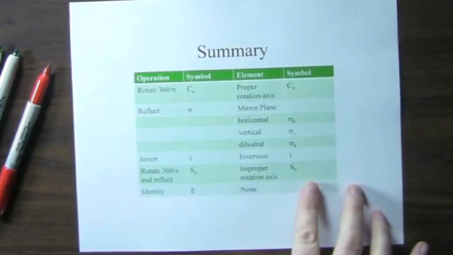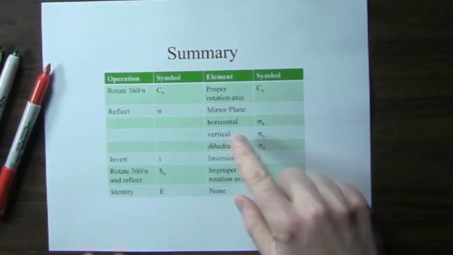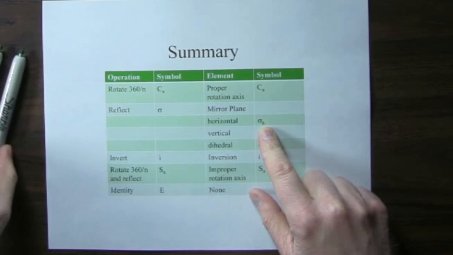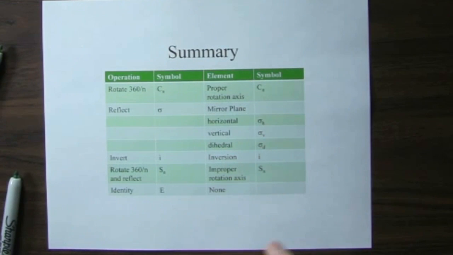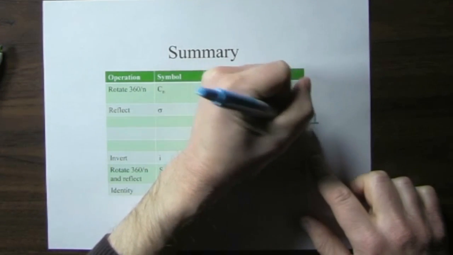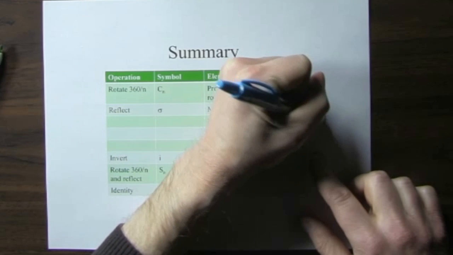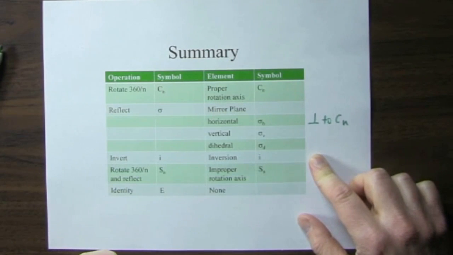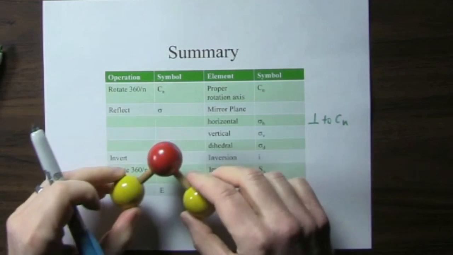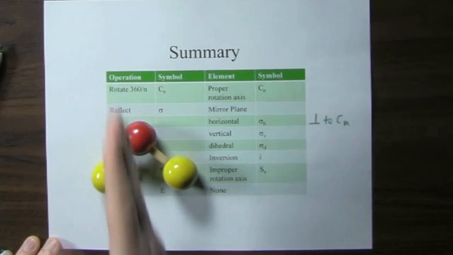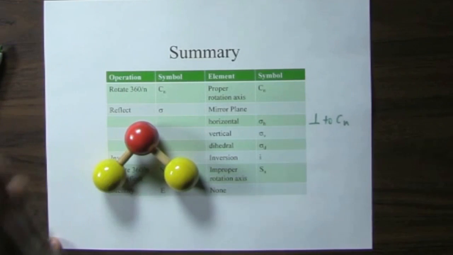Now there are different types of mirror planes. There's a horizontal mirror plane. A horizontal mirror plane is one that is perpendicular to the rotation axis. So here with the water molecule, we saw there's a rotation axis here and there's a mirror plane here.